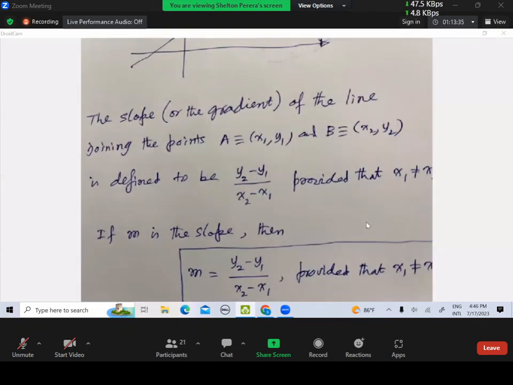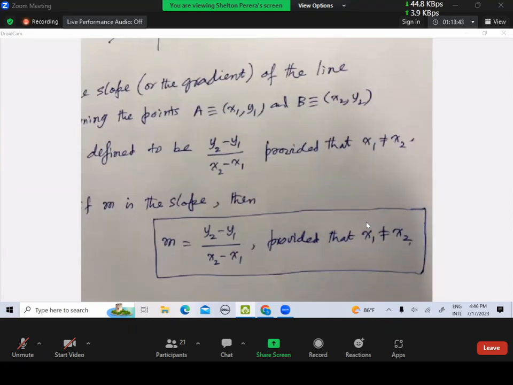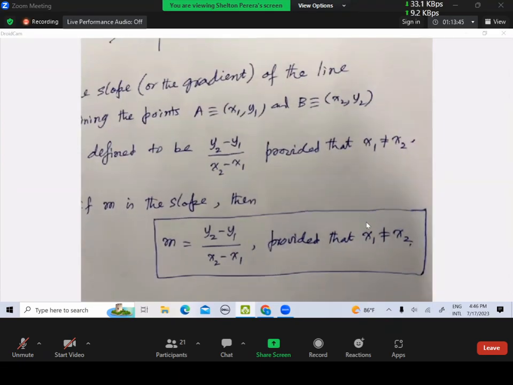So let us try to find the slope of a line. I will give you x1, y1, x2, y2. You tell me the slope, okay? I just want to know whether you understood what I said.